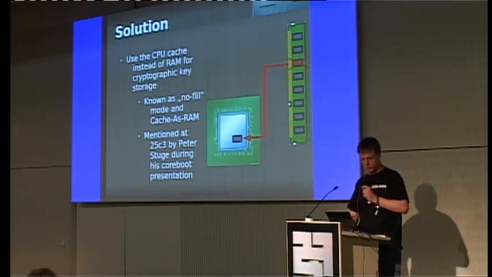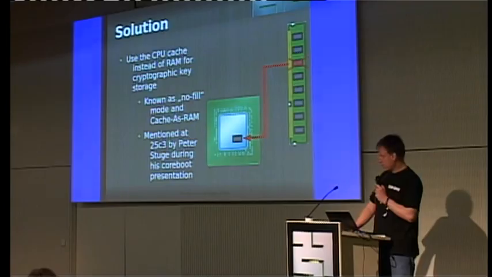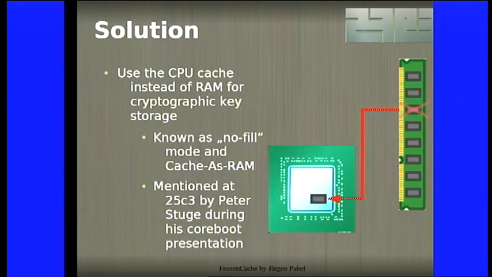So the idea was then to take this mode and apply it as a solution to the cold boot problem, and to essentially not keep the cryptographic data in memory anymore, but to move it onto the chip, the CPU, so that if you extracted the RAM, you don't get the cryptographic keys.